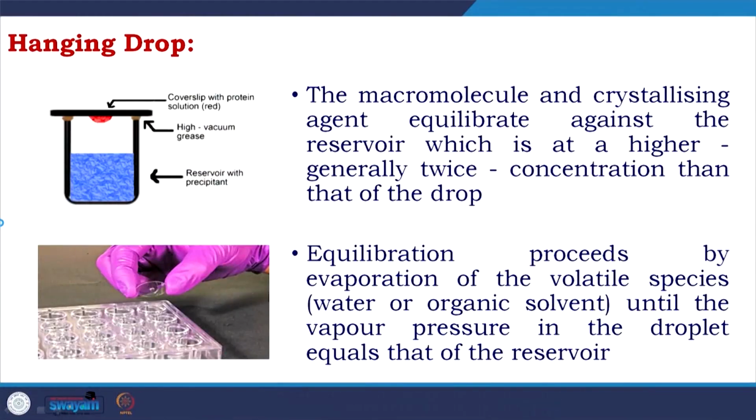As I have already told, you have a glass slip, you take the reservoir solution, you take the protein, and you put grease on the top of this place, and then put the cover slip there. Because there is grease, it would form a closed system. You check if it allows any bubbles or air to pass through. If not, then it is a perfect system.